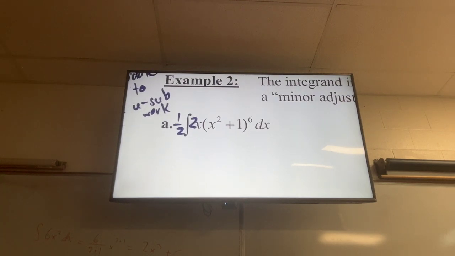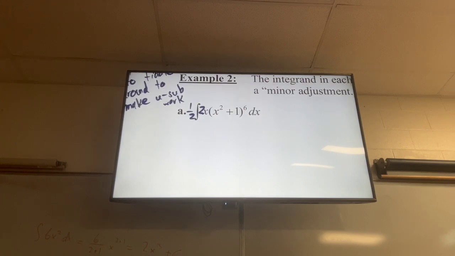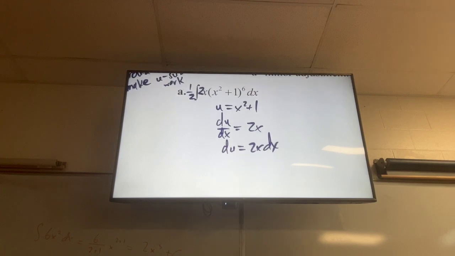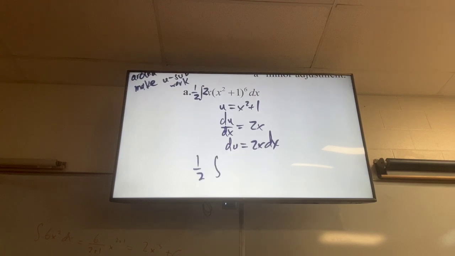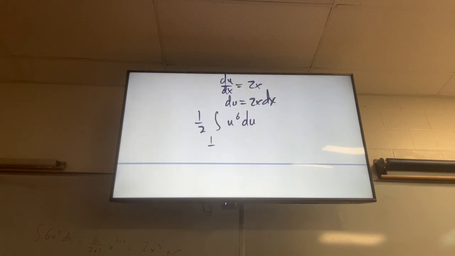To do a u sub, you need the derivative of whatever's inside your parentheses to be right next to them. I had an x here, I need a 2x, right? So I need there to be a 2, okay? So now I can do a u sub. So u equals x squared plus 1, du dx equals 2x, du equals 2x dx. So this becomes 1/2 times the integral of u to the 6th du, or just 1/2 times 1/7 u to the 7th plus c.